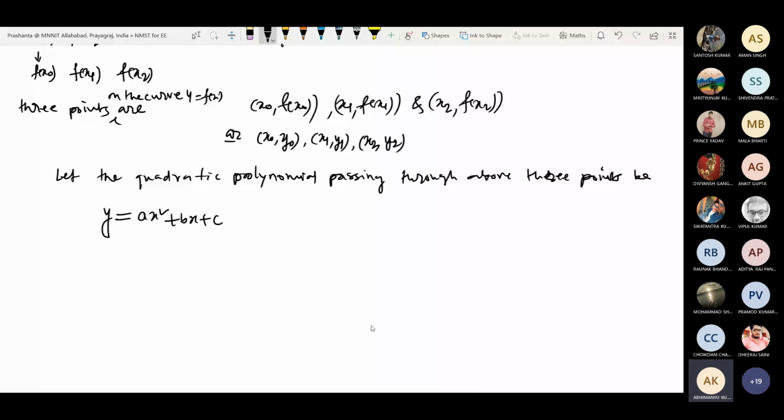So to make the calculation a bit simple, I am not considering this expression of the parabola. I am considering this one. Let the equation of the parabola be y equals a into (x minus x2) whole square plus b into (x minus x2) plus c.